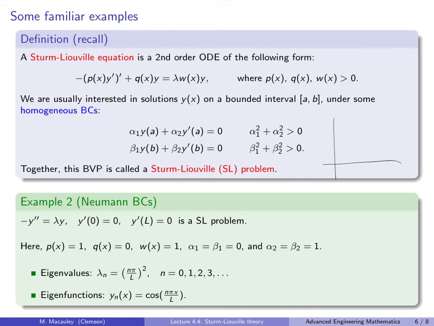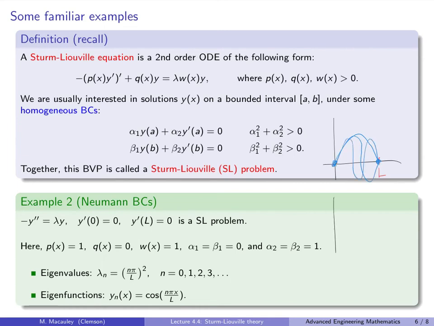If you recall example 1, we had functions that had to go through the origin and through zero at L. So we had things like sine waves: sine of pi x over L, sine of 2 pi x over L, sine of 3 pi x over L, and so forth.